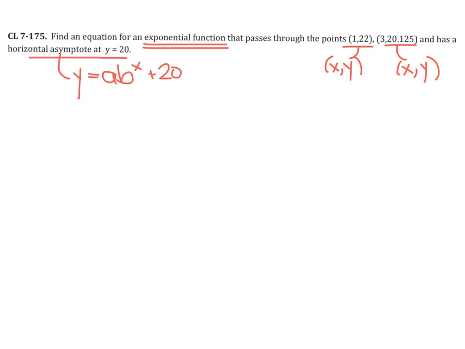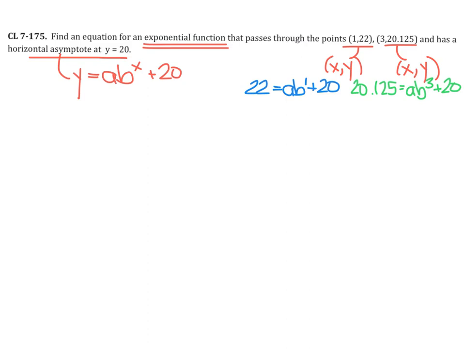So this is the equation we're going to use, and we can use these 2 points that were given here to write 2 equations. We're just going to plug in for x and for y. So you can see I've used my xy values to create 2 equations. 22 equals ab to the first plus 20. And all I did was replace x with 1 and replace y with 22.